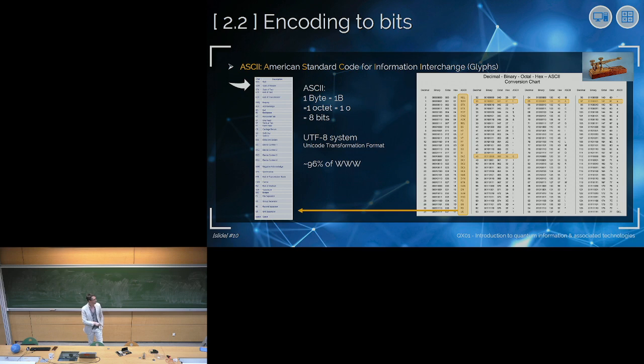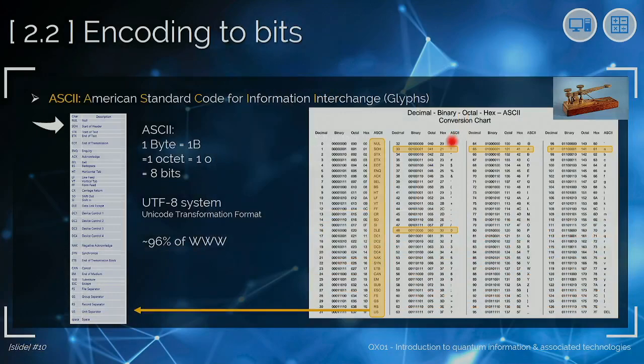So we use the so-called UTF-8 system, which is Unicode Transformation Format. You can see on this table the ASCII characters. So let's take here the capital letters A, B, C, D, and so on. And then you have the coding in hexadecimal, as well as the coding in binary and decimal.